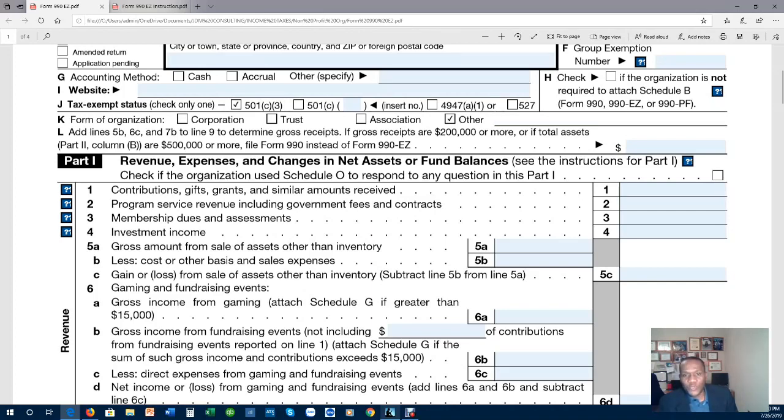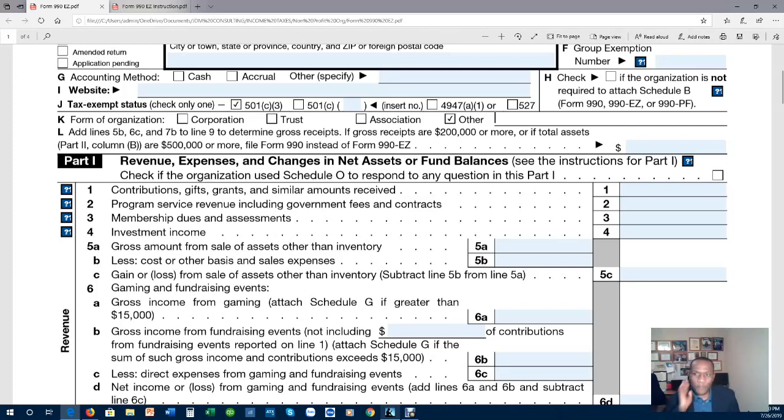Now, before you complete section L, you have to complete section 5B, 6C, 7B to line 9 so that you can determine the gross receipts. Because if the gross receipts are $200,000 or more, or if the total assets from part 2, column B, are $500,000 or more, you must file Form 990 as opposed to Form 990-EZ.